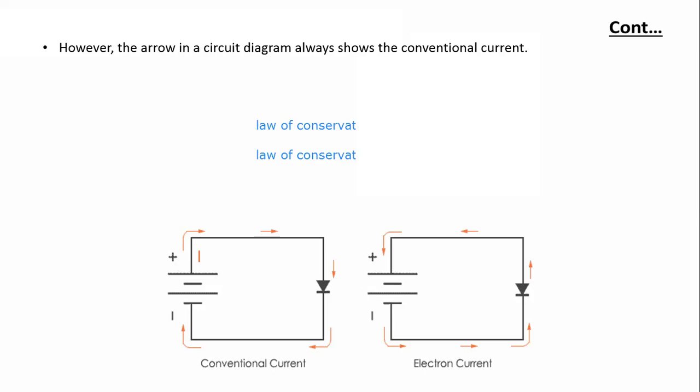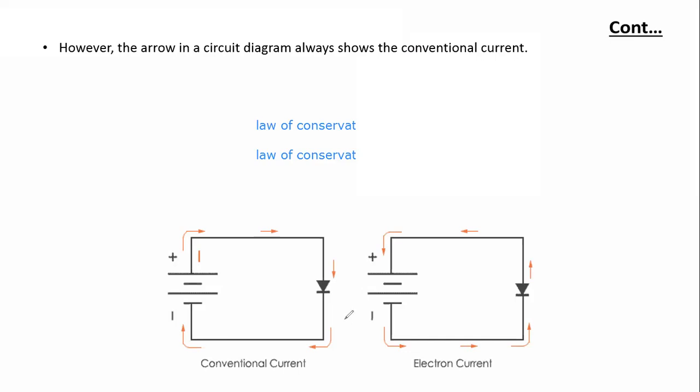For example, in the case of an LED or a glowing bulb, the chemical energy converts into electrical energy, and electrical energy converts into light energy. And light energy further converts into heat energy, which is absorbed by your surroundings. So there are transformations of energies.